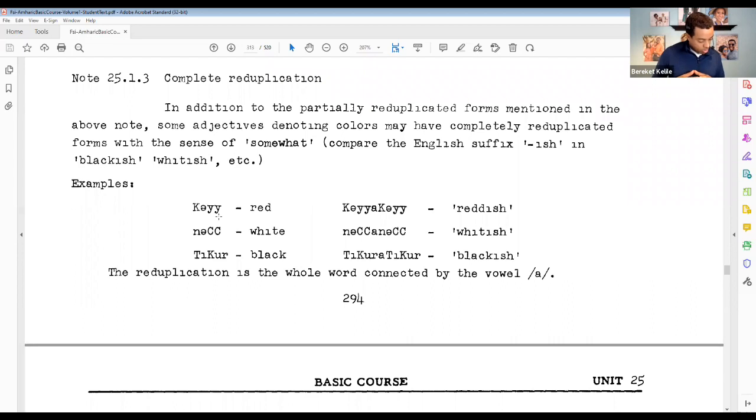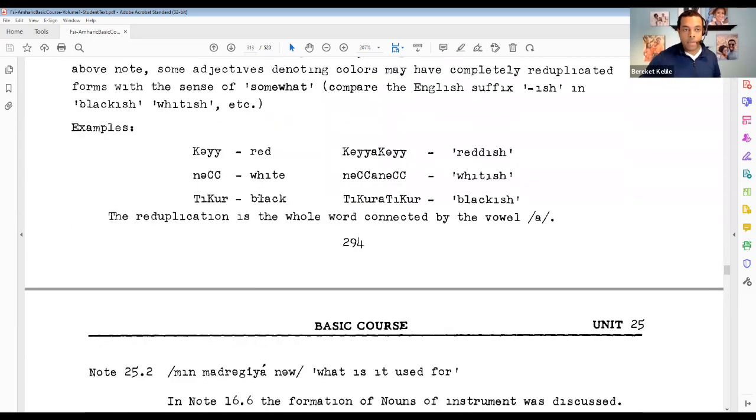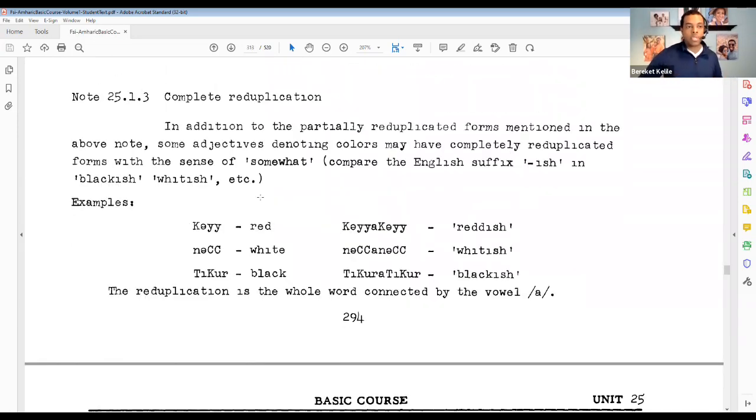And this corresponds in meaning to somewhat, or the English suffix ish, where we use that in words like blackish, white-ish, to convey that sense of somewhat. And that's the complete reduplication of that. So that covers that for this subpart and for 25.1.